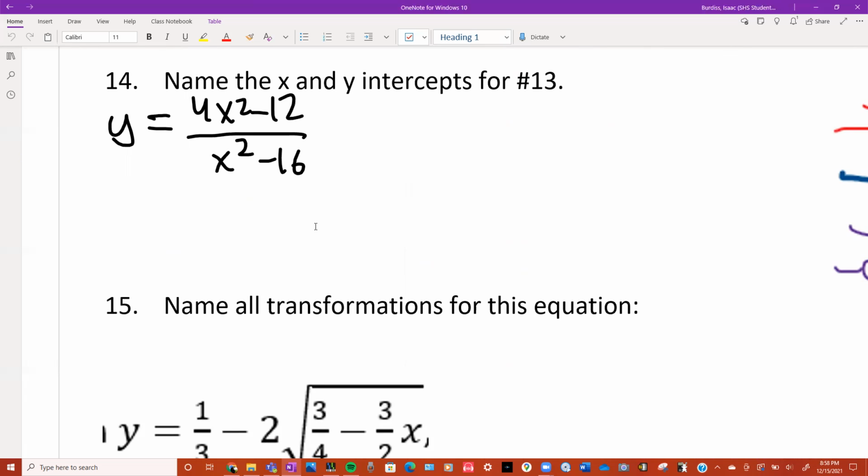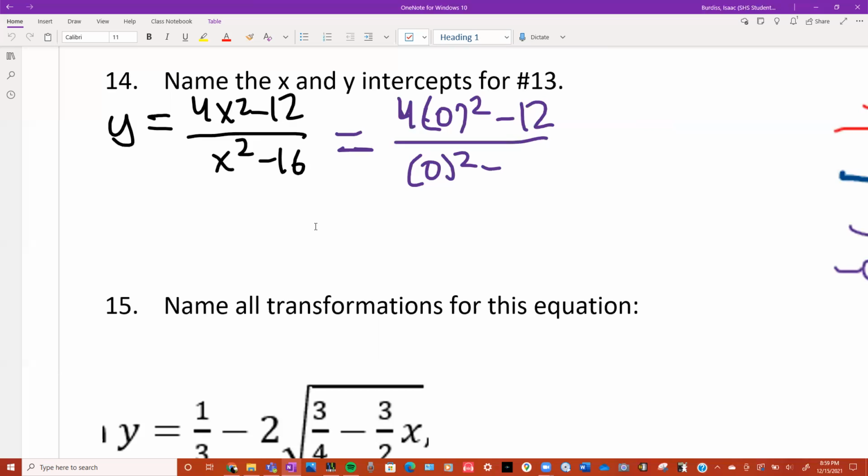To find a y-intercept, you set x equal to 0, because in a y-intercept, x is always 0. So to find the y-intercept, we do 4 times, I'm not going to say it, but I'll just write it.